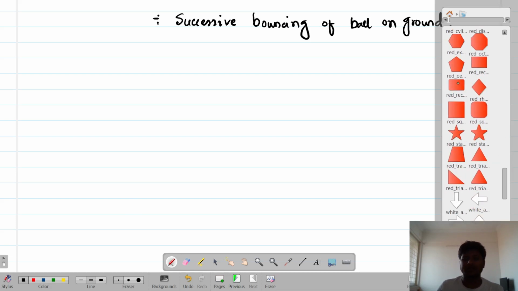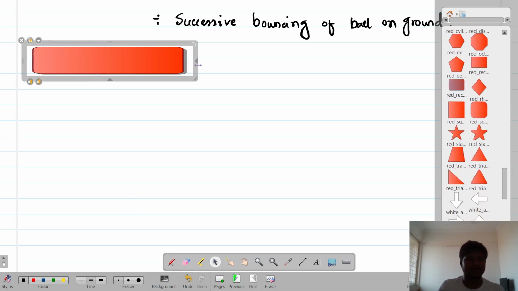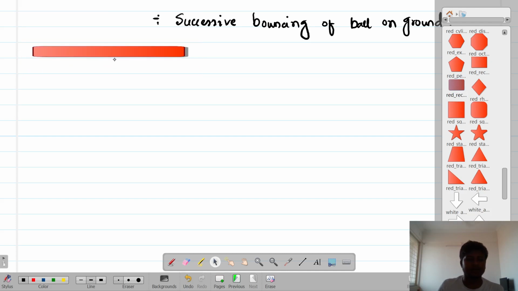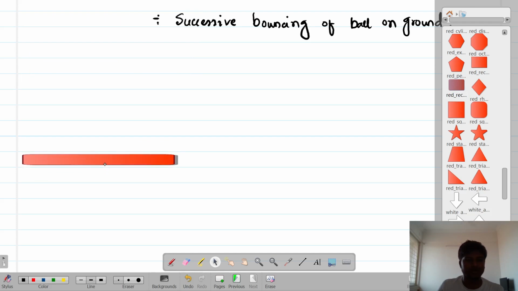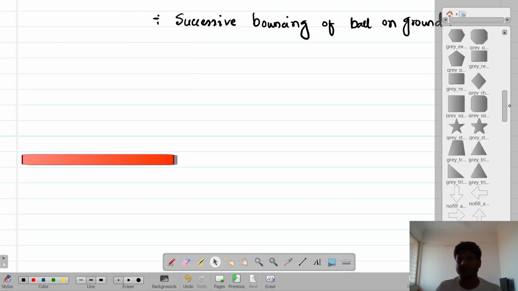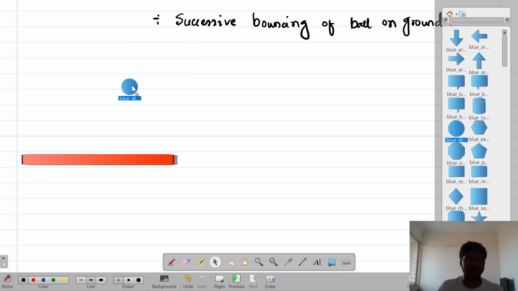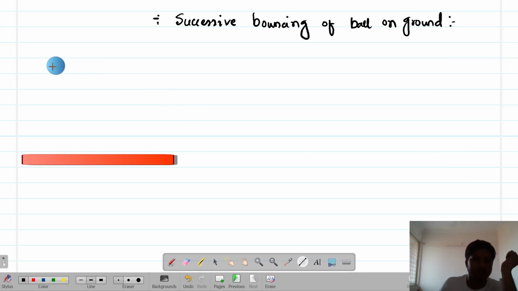I have, let's suppose, some kind of a ground, and on top of it a ball is falling. Let's suppose I drop a ball, and this ball is falling on top of this ground. So I just released it.